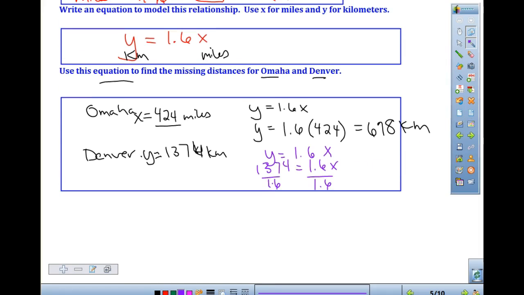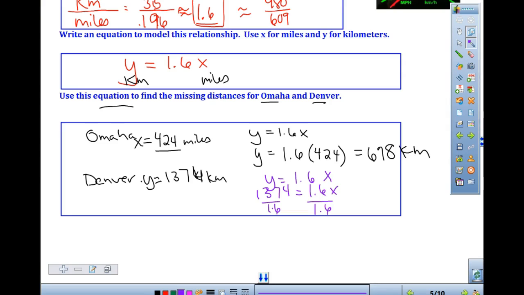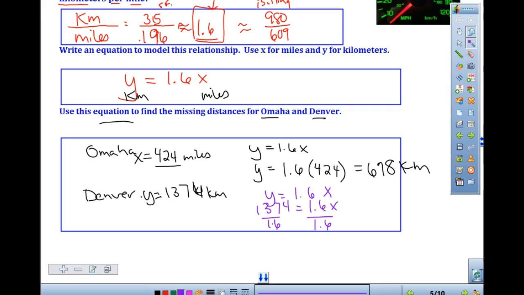So on your calculator, please take that 1374 and divide. This is on the top of page 16 in your notes that you've just filled in. Doing the division, Connor, what'd you get? x should be 1374 divided by 1.6.